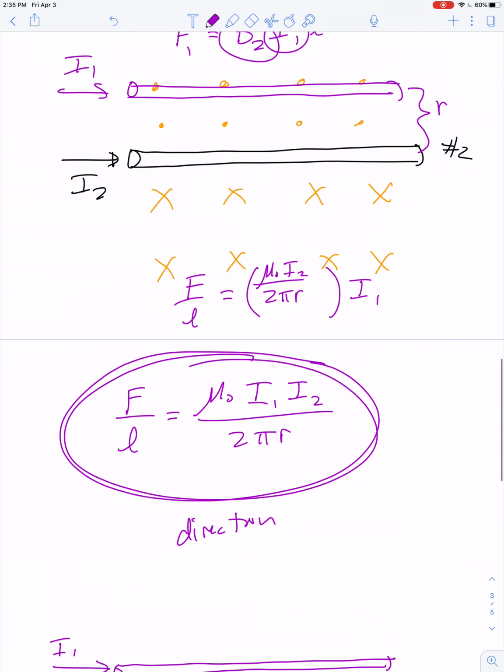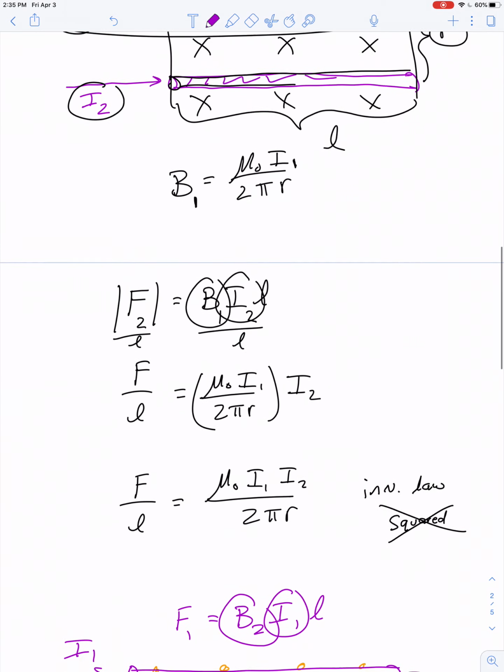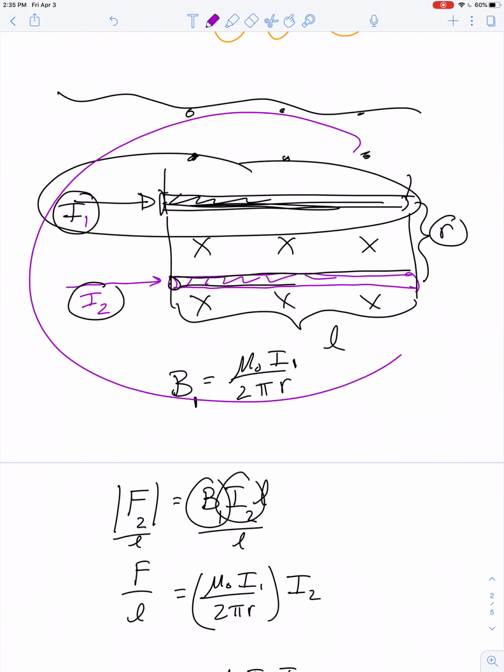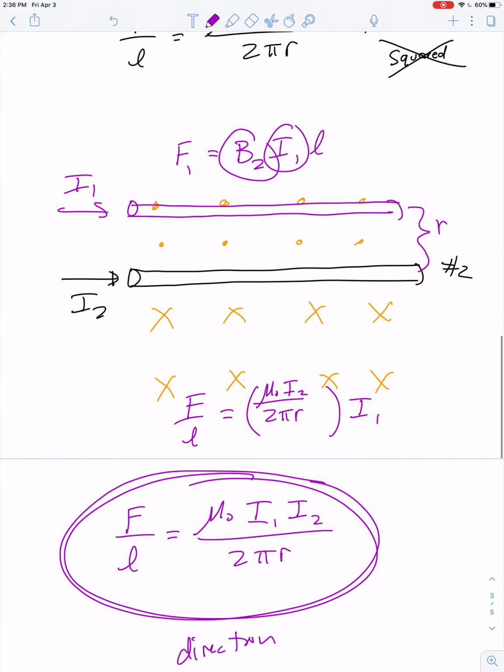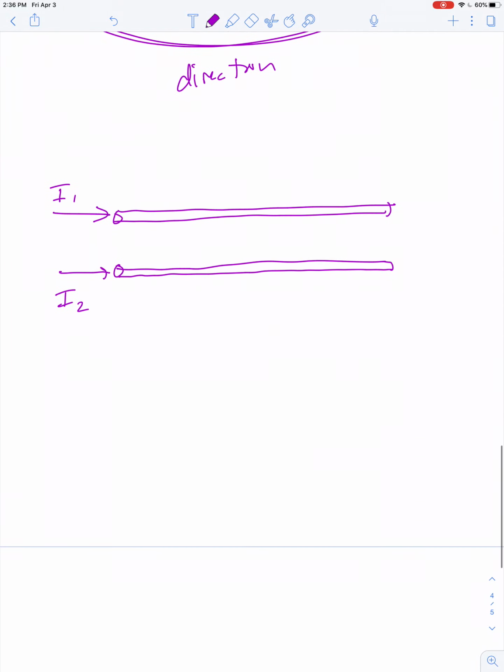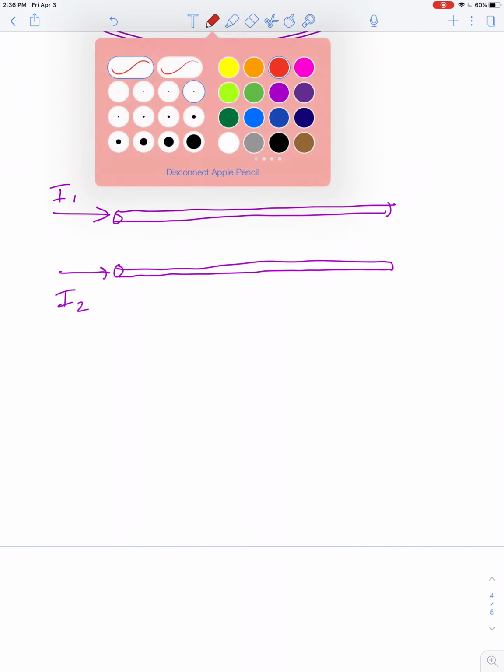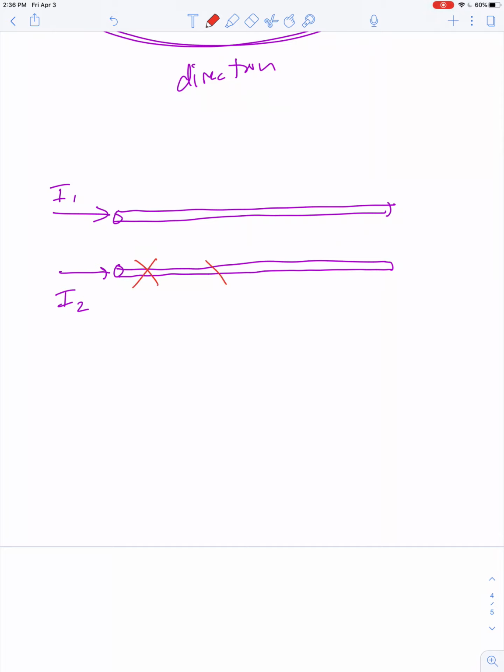So let's just go with the notion we had in the first case, that I1 is the one that creates the magnetic field and I2 is the one that responds. So I2 is sitting in a magnetic field that points into the page due to this current that's flowing in wire number 1.